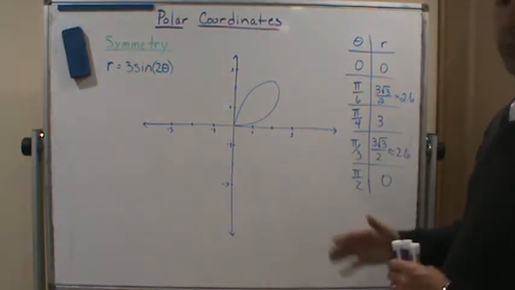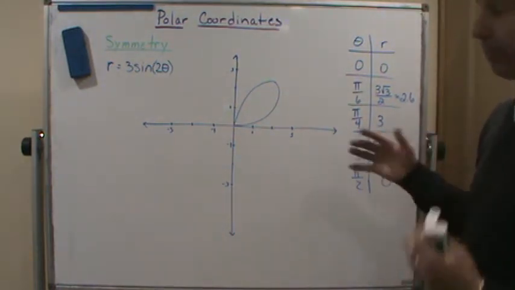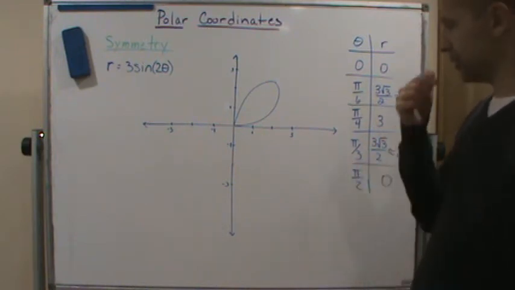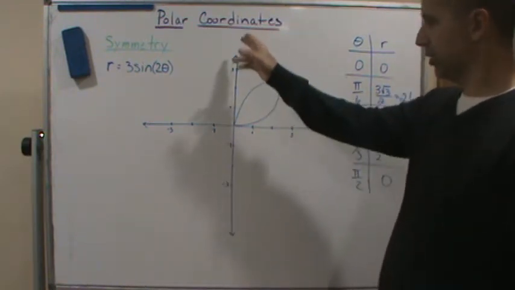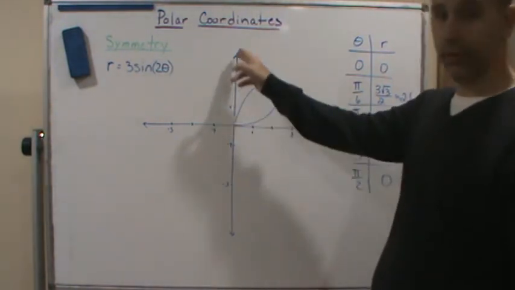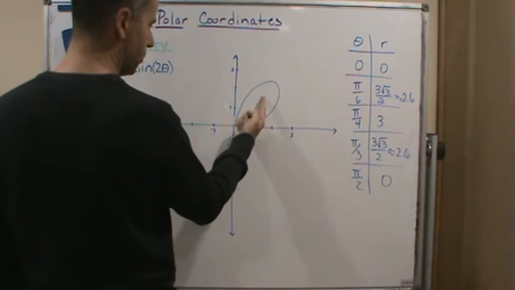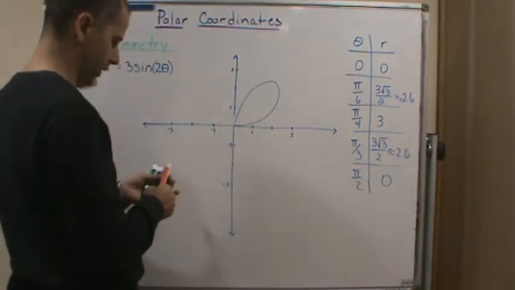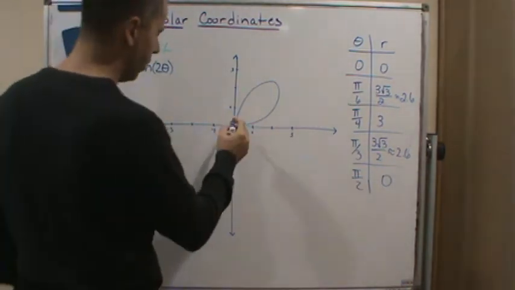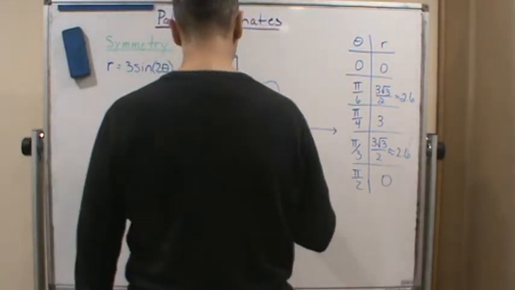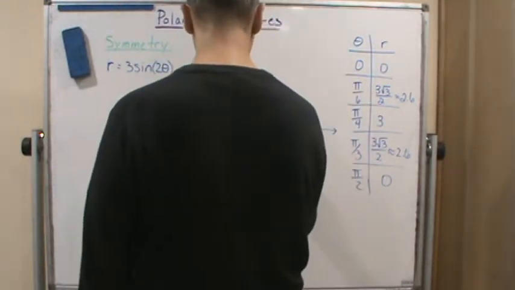Now, at that point, I don't need to plot any more points because I can use symmetry. So the first thing I know is it's symmetric with respect to theta equals pi over 2, which means it's symmetric with respect to this axis right here. So that means I know the other side is going to look something like this.